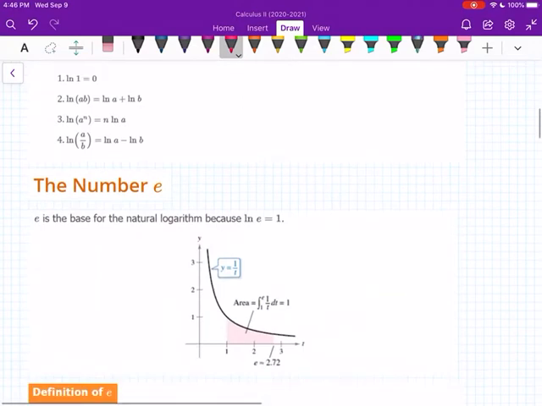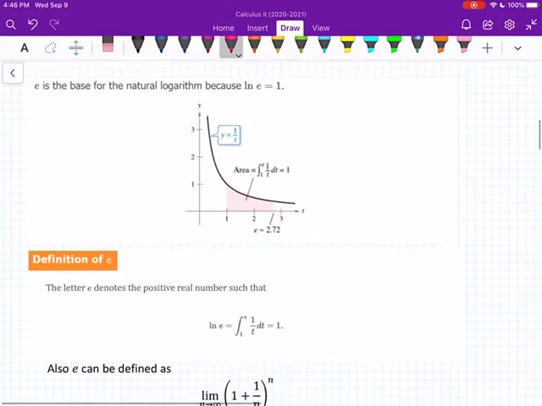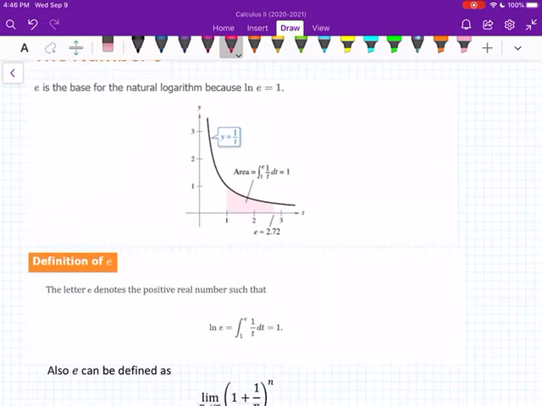Okay, the number e, let's talk about it. So the number e is the base for the natural log, and the natural log of e is equal to 1, and that's how it's defined. So when we look back at our original function of natural log of x, we see that when we plug in e, we want it to equal 1. Therefore, that's how we're going to define e.